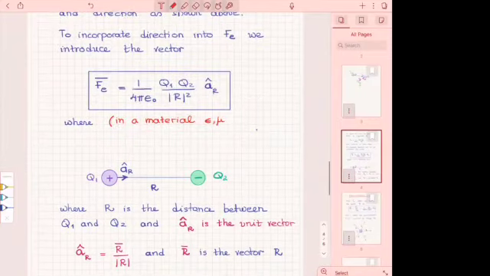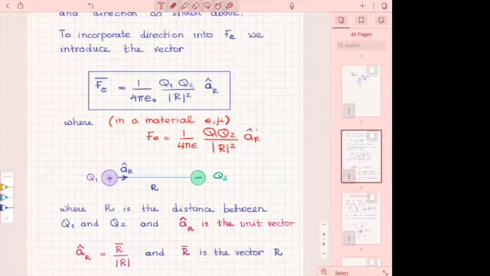If we go here, I would say something important: F, if you are in a material that has epsilon and mu, is equal to Q1 Q2 over 4 pi epsilon R squared, in the direction A sub R, where epsilon is the relative dielectric constant times epsilon naught for free space. If you're in free space, it's epsilon naught, which is always a constant that we know.